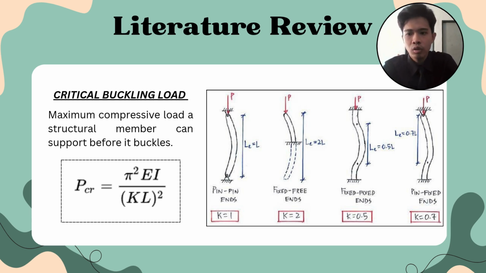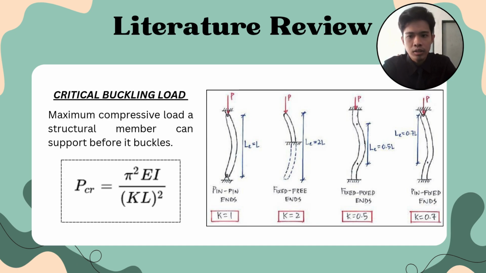There are three most commonly used formulas to solve our problems in Solid Mechanics 2, Chapter 3, Buckling of a Column. The first is Euler's buckling formula, which helps us figure out the maximum load a slender column can hold before it buckles. For the first formula, we use the critical buckling load.